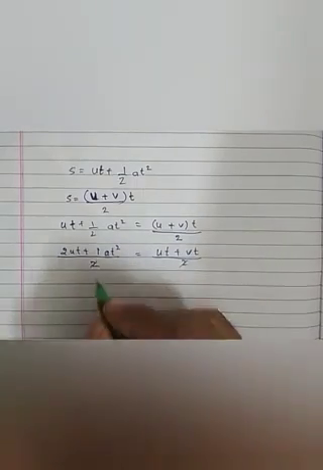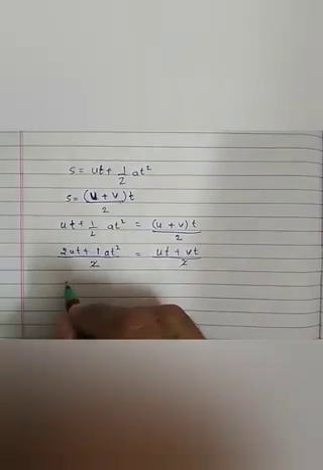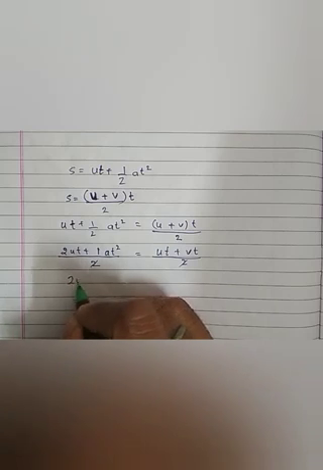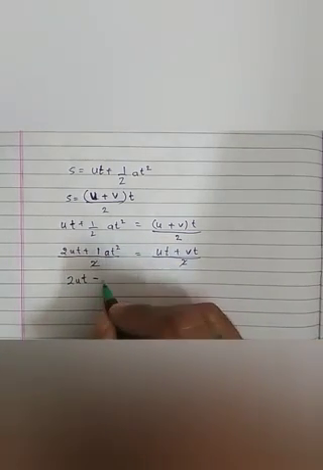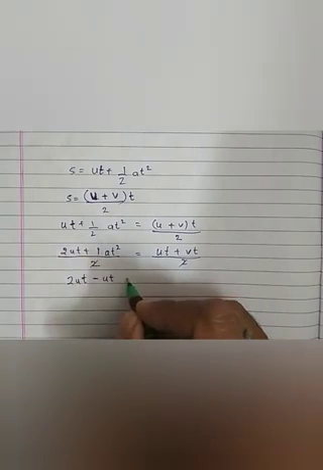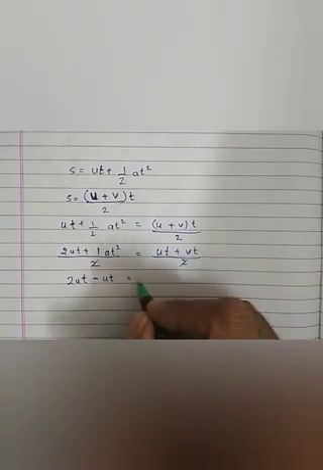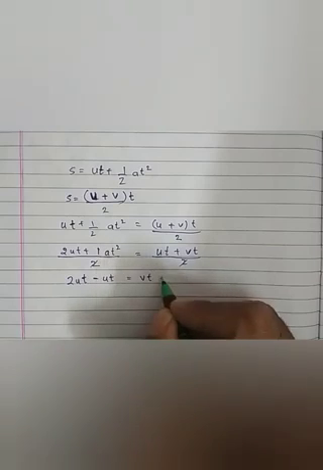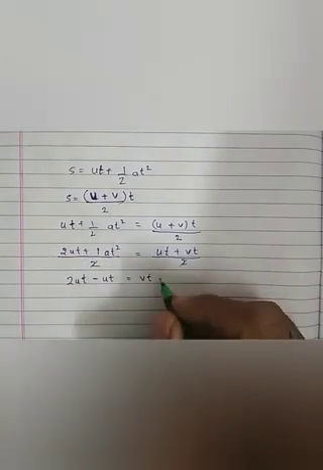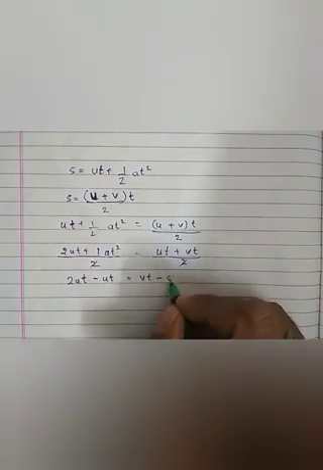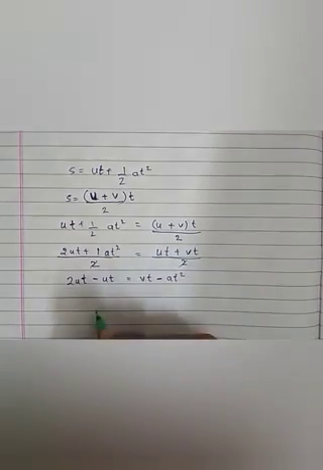Now this 2 and this 2 will get cancelled. So now what will remain? 2ut, and this is also ut, so bring it to this side, so it becomes minus. This becomes equal to vt, which remains as it is, and this at square, 1 into at square is 1, so this plus will become minus at square.